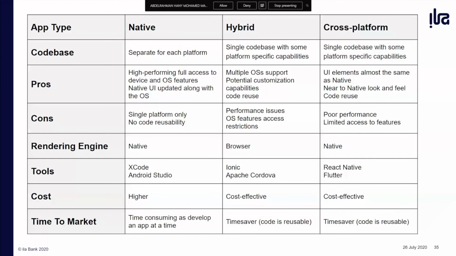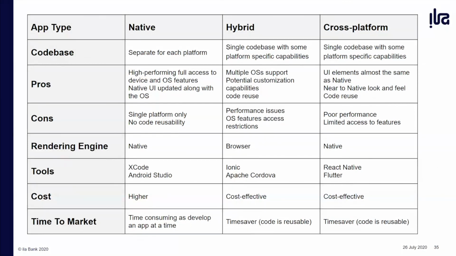As for the rendering engine, a native application uses the native rendering engine of the operating system. The rendering engine is what takes the code and displays it on the user screen. It's important to understand that using the native rendering engine is really good for your application, so it can render in a really good way.